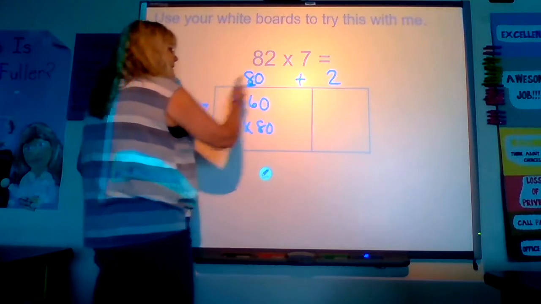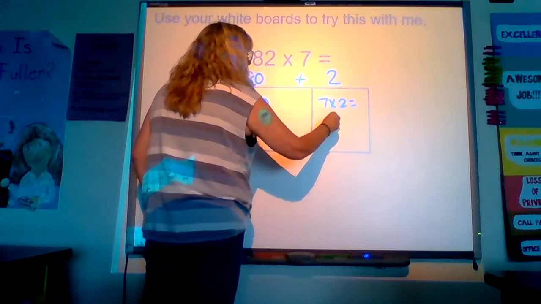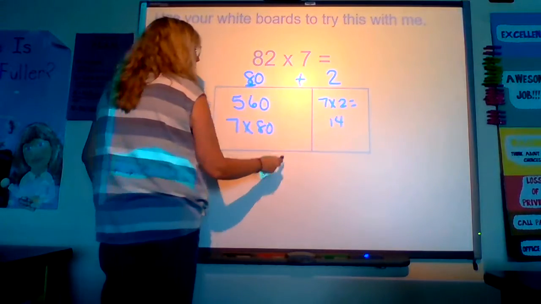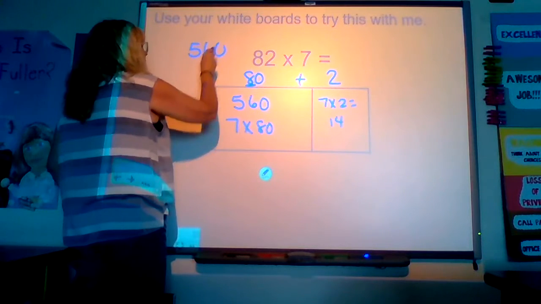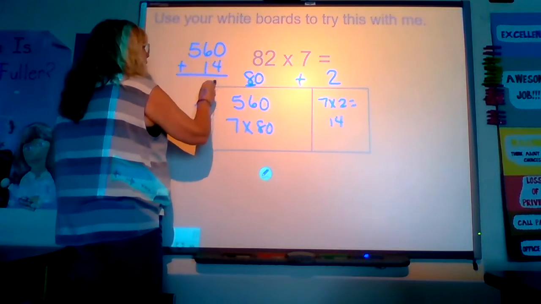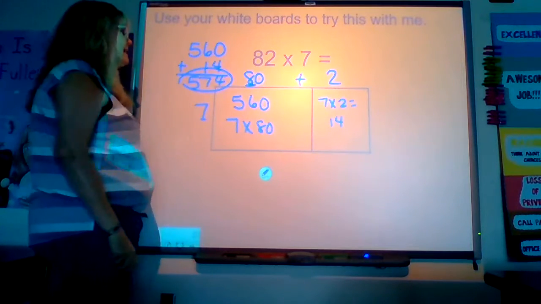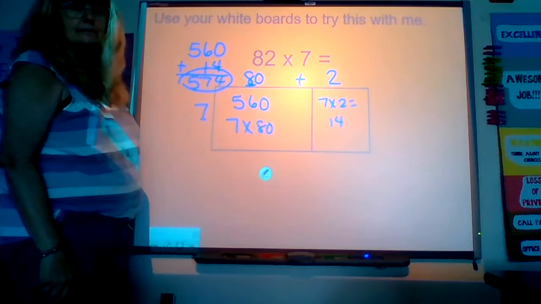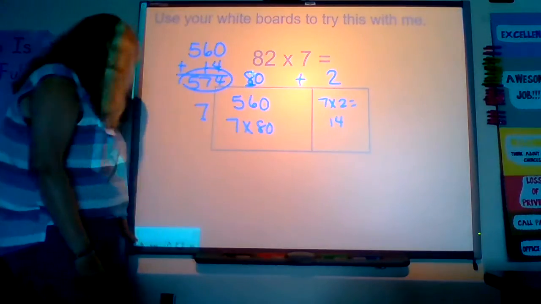Then we multiplied 7 times 2, and we said that equals 14. Now we're going to add those two partial products together, 560 plus 14, and our answer is 574. Okay, let's go on. Let's do the next one.